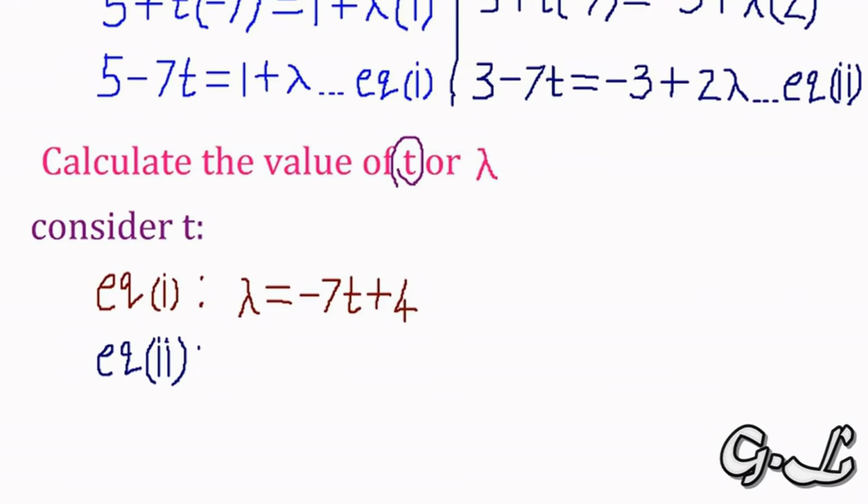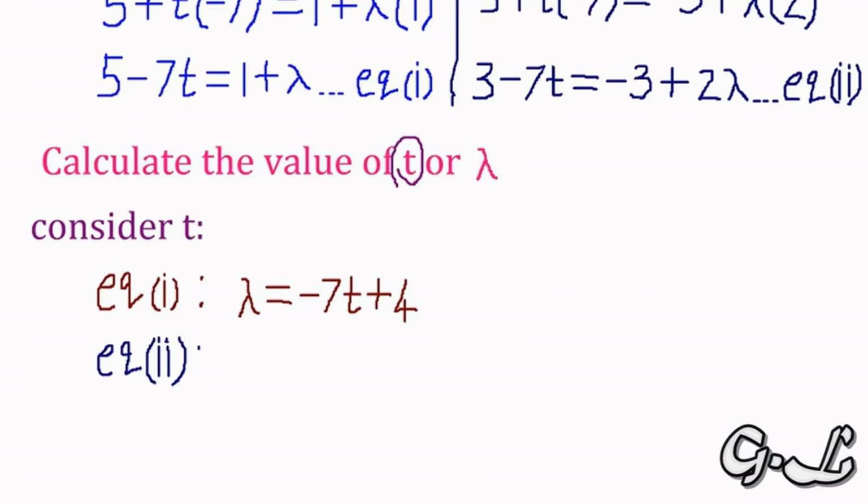When you solve these two equations simultaneously, that is when you're going to find the value of t. After we consider equation number 1, let's consider equation number 2 now. In equation number 2, we have 3 minus 7t is equal to negative 3 plus 2 lambda.